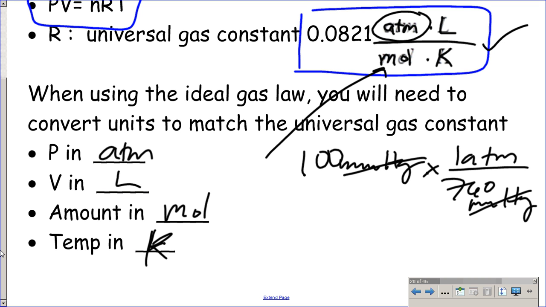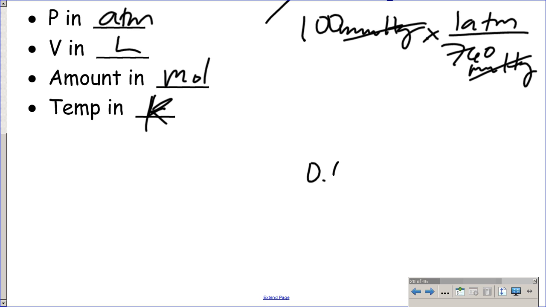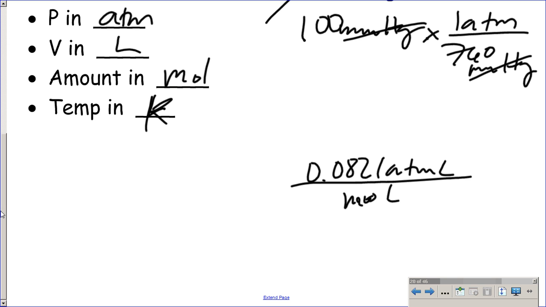What is that? 0.0821. That's the constant number. So how would you write this out? You would write it out like R is 0.0821 atmosphere liters per mole K.